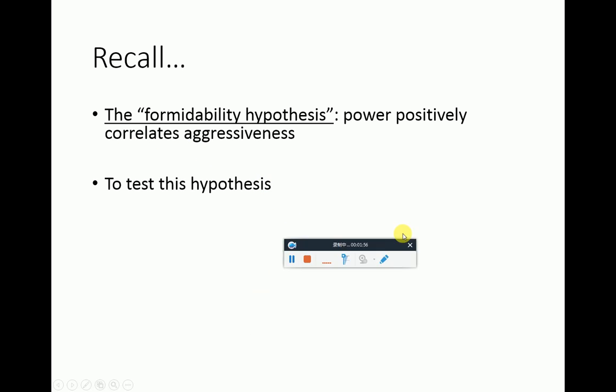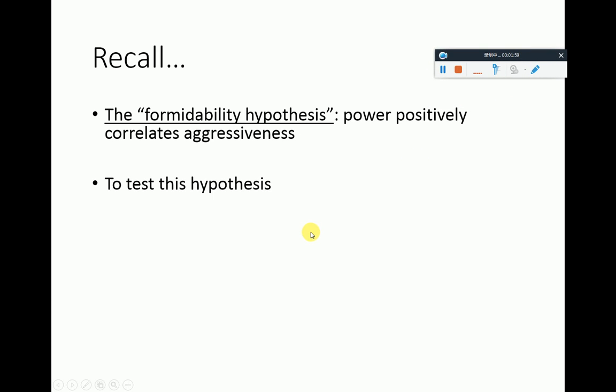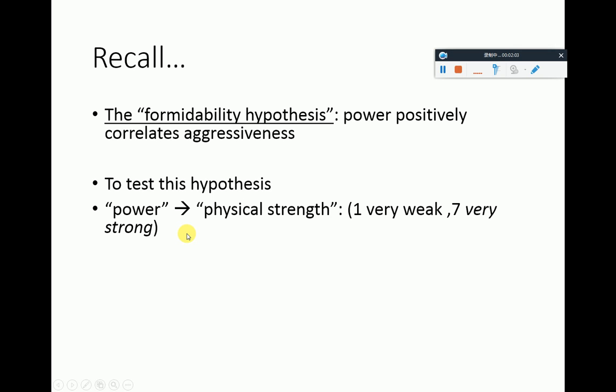And we said that in order to test this hypothesis, we need, first of all, to turn a more abstract construct into a more specific, more concrete one. In this case, we use physical strength. That's pretty much as concrete as we can get. We can easily observe, for example, how strong or how weak a person is.